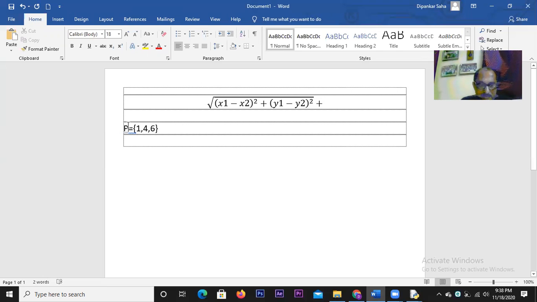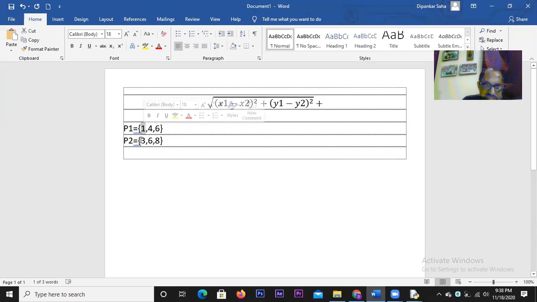Now, if I write here P1 and if I write here, say P2, P2 is say 3, 6, and 8. So who is X1 here? X1 is this and X2 is this. So X1 minus X2, that means 1 minus 3 whole square, plus y1 minus y2 whole square. Similarly, z1 minus z2 whole square.